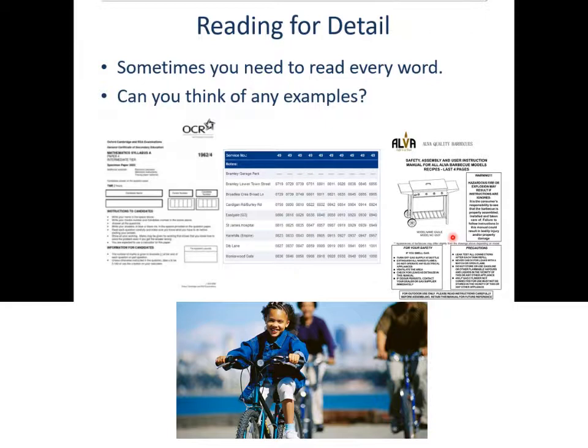Reading for detail means that it helps you to understand more about something before you can execute a process, for instance. Or when you are trying to fill in a form, you have to read all of the instructions carefully, and then from there you are able to fill in the form correctly.